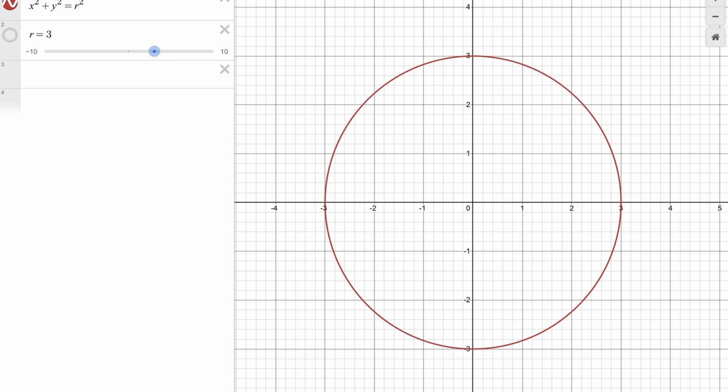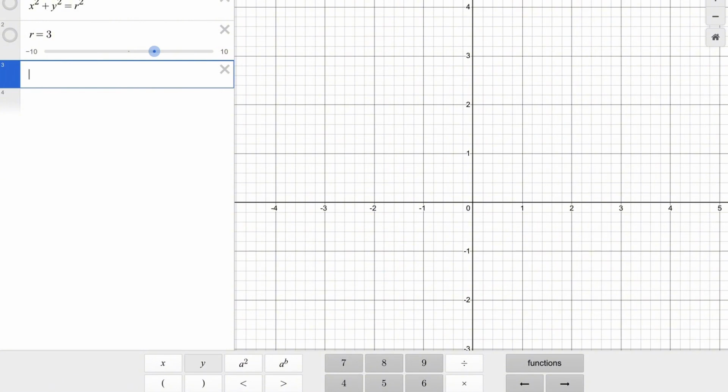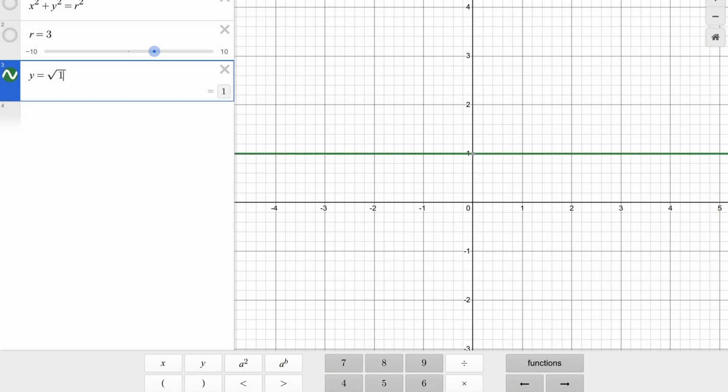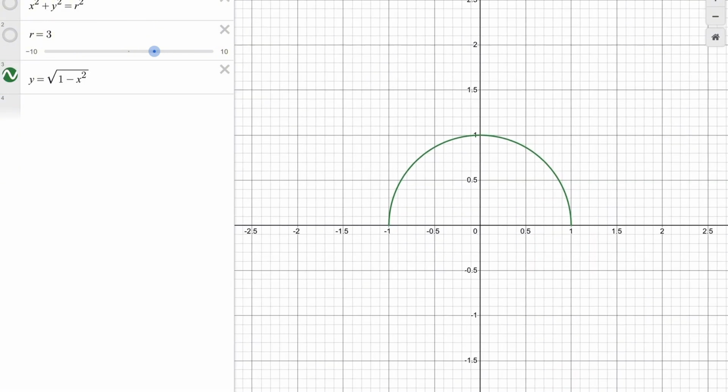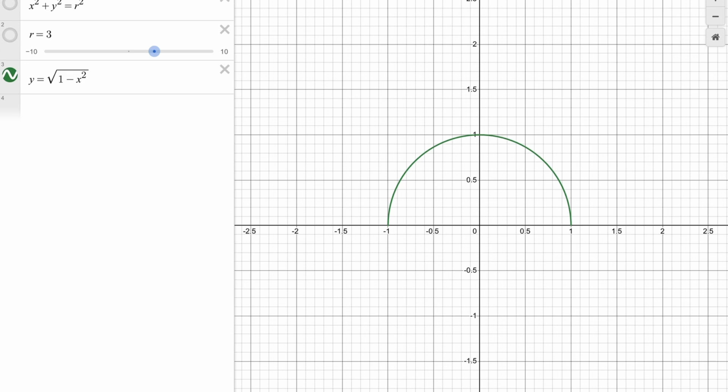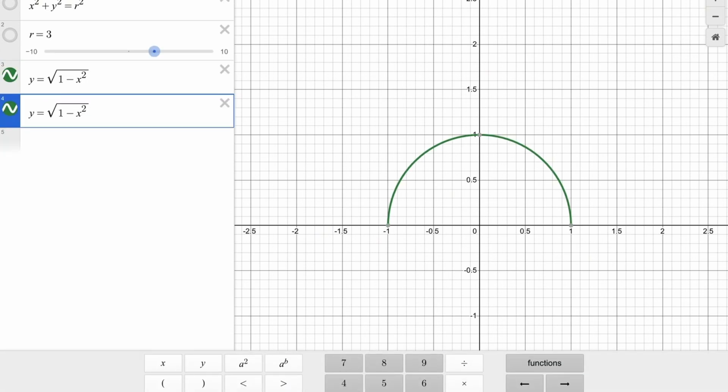Now, if I turn that off, I can say y is equal to the square root of, remember r was 1, 1 minus x squared. And look at that, that's half a circle. Now, if I duplicate that and put a minus in front of it, now I have the bottom half of the circle.